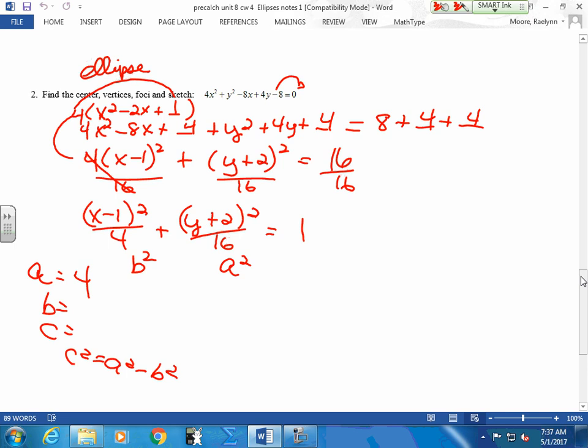What's the square root of 4? 2. So this guy, just leave them in your squares. 16 minus 4 is 12. Just reduce that. So 4, so it'll be 2 radical 3. Just make sure you keep all your fractions reduced, all your radicals reduced.